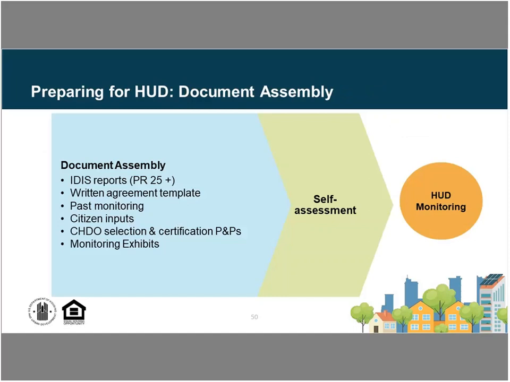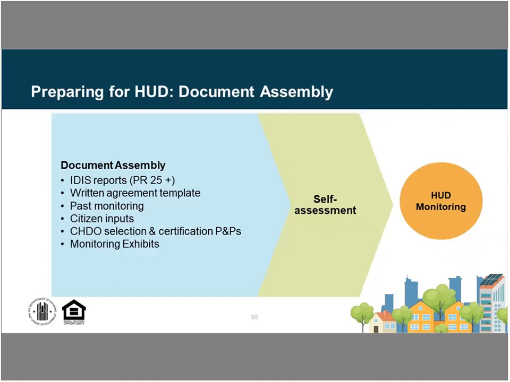So in preparing for HUD, part of it is assembling and looking at documents. HUD's going to want to look at IDIS reports. I would want to know what those IDIS reports look like in advance. Taking a look at the written agreement template and making sure that those had all the required elements.